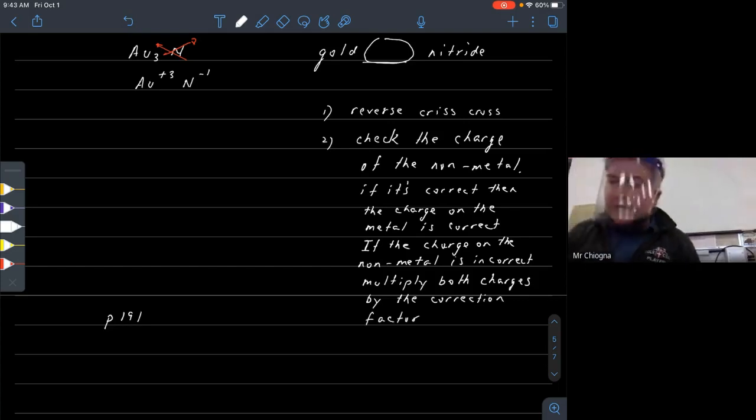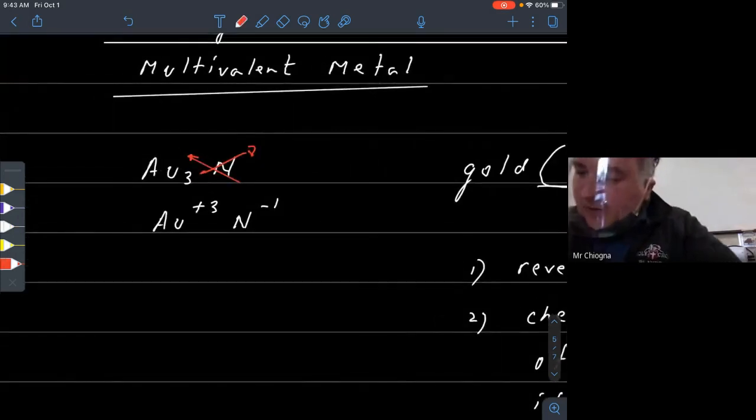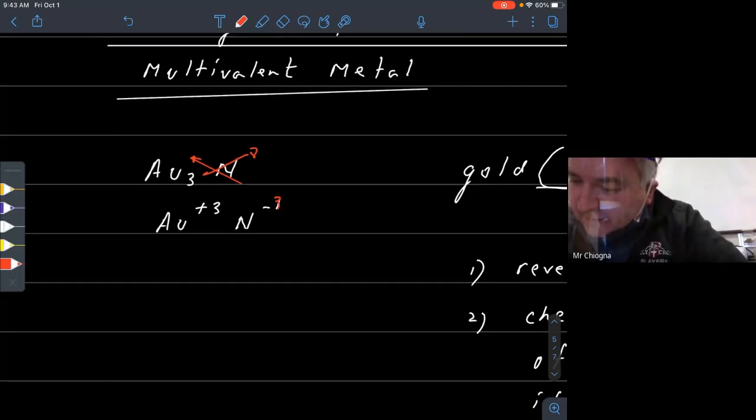charges by the correction factor. So what do I mean by correction factor? Let's go back to this equation here. So nitride has a charge of -3, not -1. So I have to multiply it by 3. I have to do the same thing with the gold. Oh, I made a mistake with the crisscross. I was going too fast here.